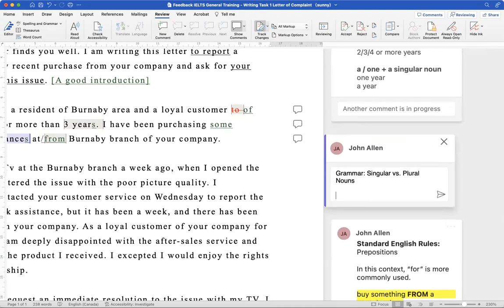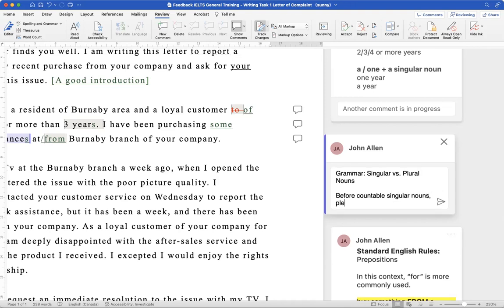So in English, if you are using a singular noun, a countable noun, before countable singular nouns, please use a or an, or the if it is specific. So, for example, I am a teacher.